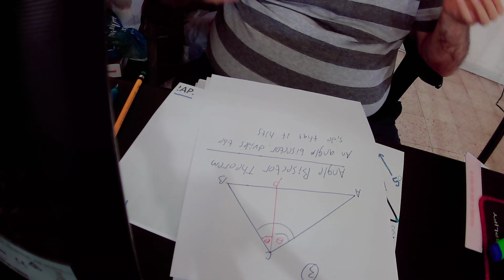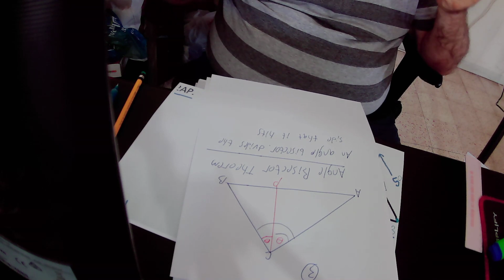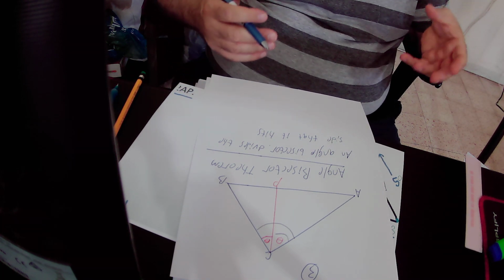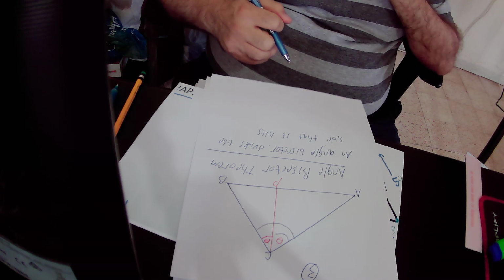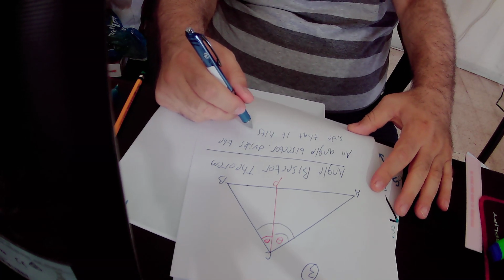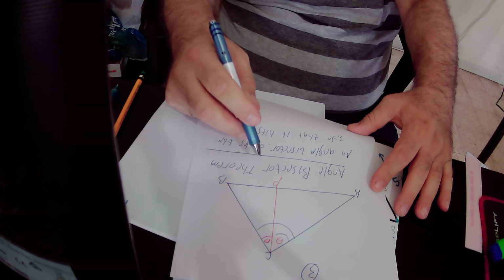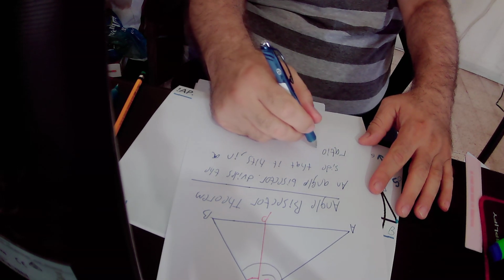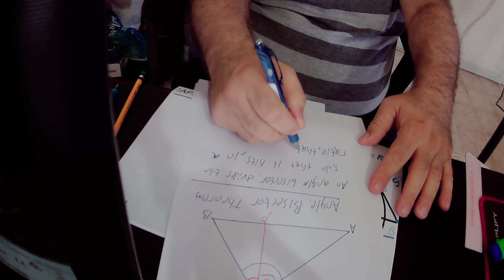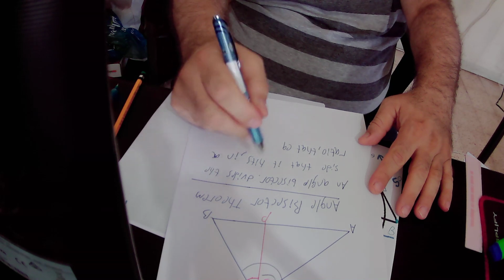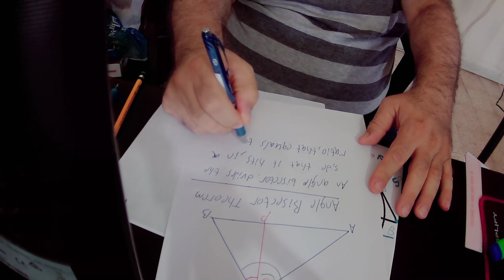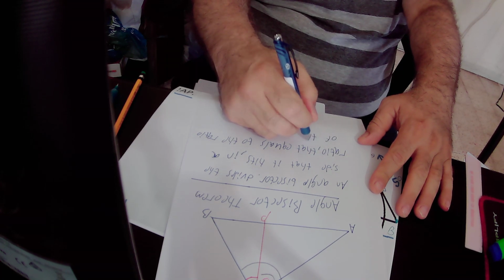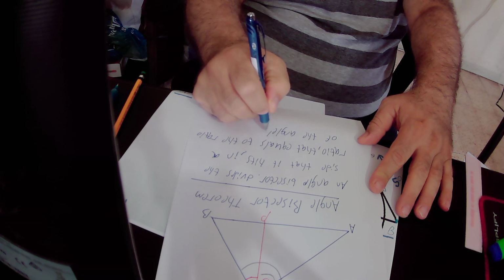So the angle bisector theorem states that an angle bisector divides the side that it meets, that is to say side AB, into two parts, and the ratio between those two parts, that is AP over PB, equals the ratio of the sides.